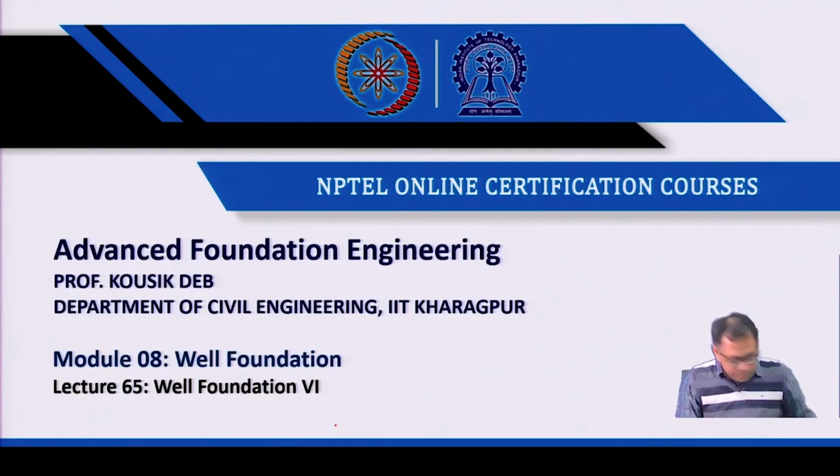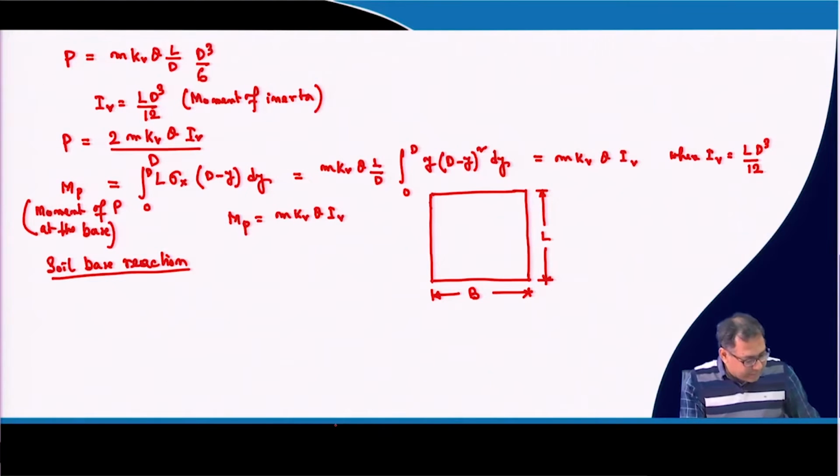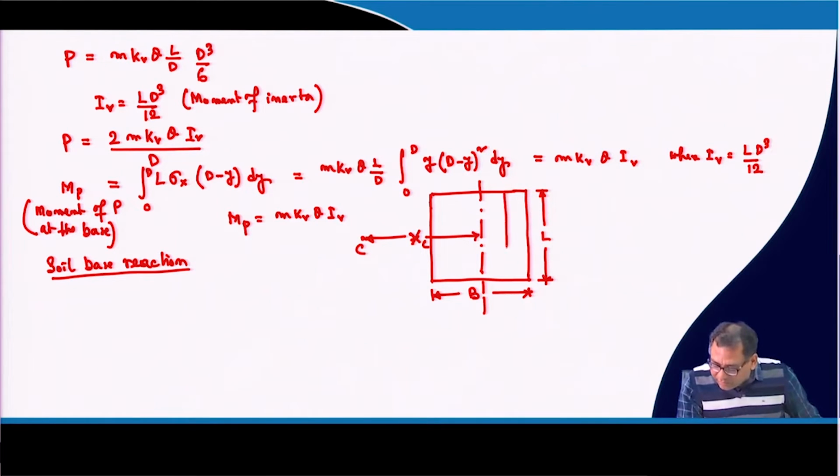Say this is the point of rotation, C, and that C is at a distance of capital X c from the center of the well, and we have considered one small segment in the well base whose distance is capital X from the center of the well.